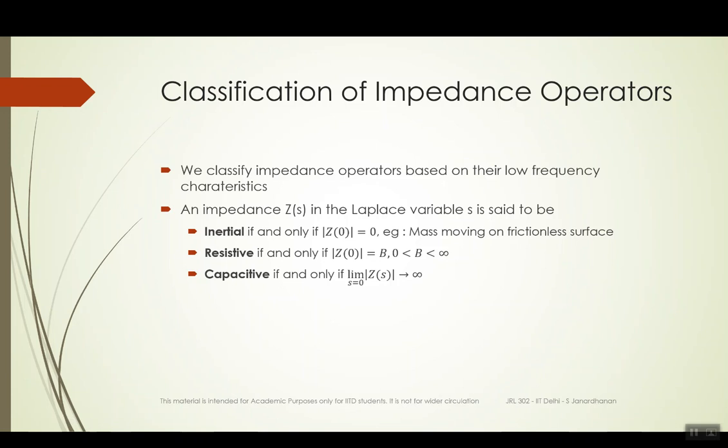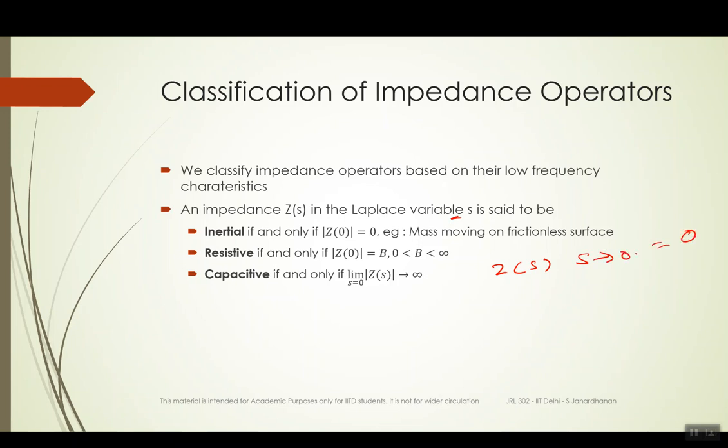Now, depending upon the low frequency or DC response, the impedance operators can be classified. The impedance Z of S, in terms of the Laplace variable S, is said to be inertial if Z of S becomes 0 as S tends to 0.